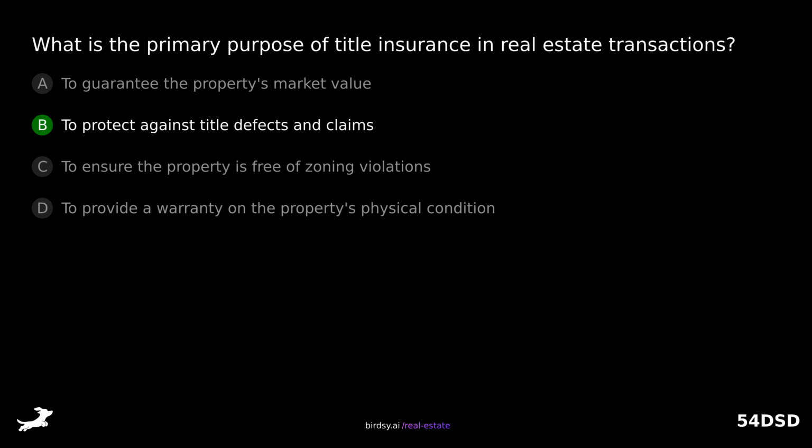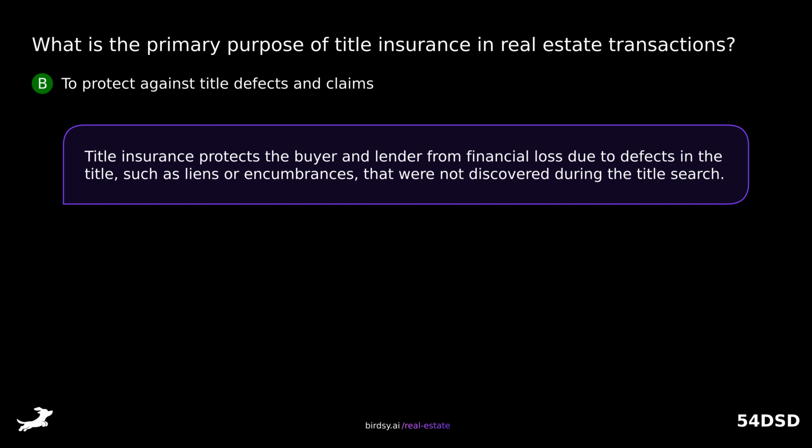The answer is B. to protect against title defects and claims. Title insurance protects the buyer and lender from financial loss due to defects in the title, such as liens or encumbrances that were not discovered during the title search.